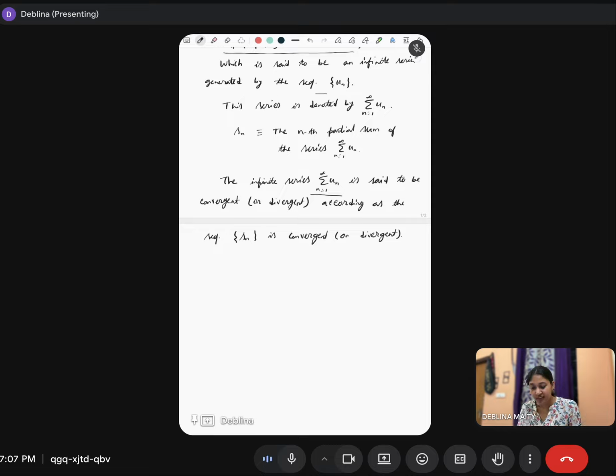So the convergence or divergence of the infinite series depends on the convergence or divergence of the partial sums Sn, right? So now we'll see some examples.